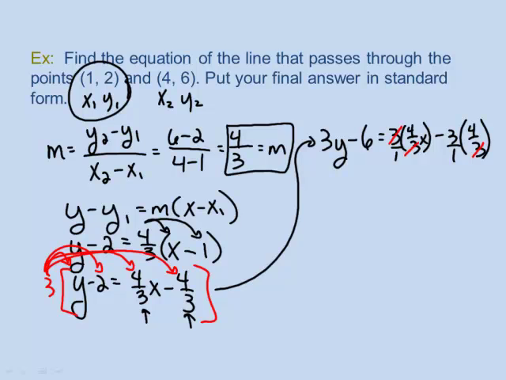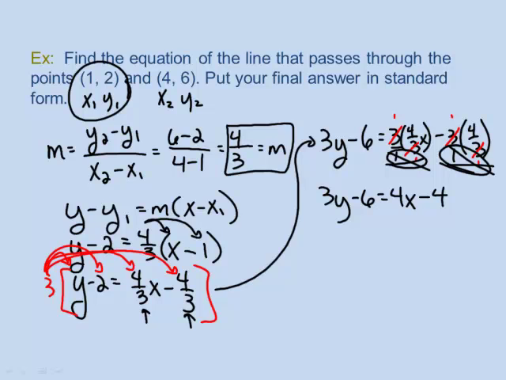And since they're both exactly the same, they both cancel out. 3 divided by 3 just leaves us with a bunch of 1s. So now we have 3y minus 6 is equal to 1 times 4 times x is 4x, minus 1 times 4 is 4. And notice in our denominators we have a bunch of 1s. Anything divided by 1 is itself, so we can ignore the denominators and just look at the numerators.